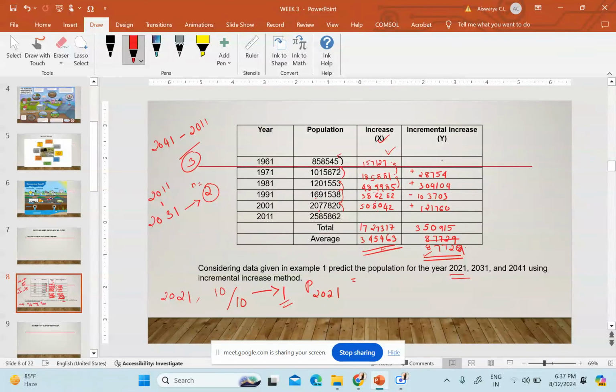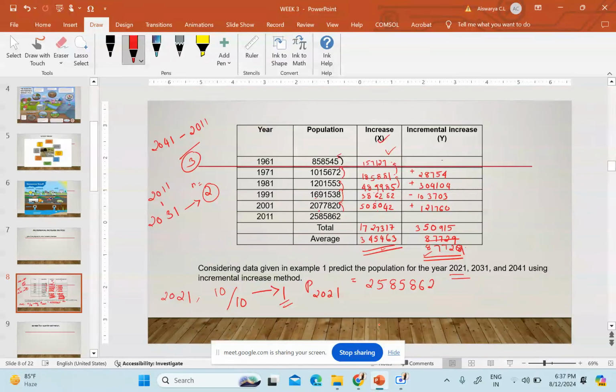Now, what is the population in 2021? How do you calculate? You first see the population from the analysis data. You have to go to 2011, that is the last mentioned data. That is known, and that value is 2585862.